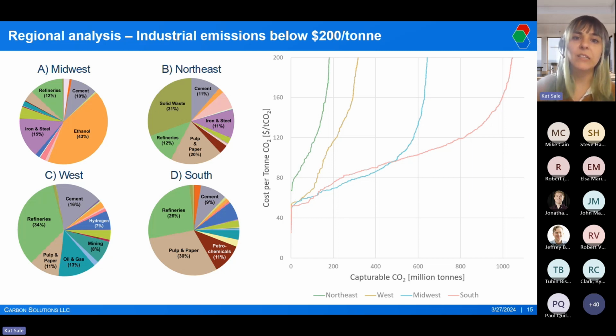And in the Northeast, solid waste combustion accounts for a majority of the low-cost industrial capturable emissions at 31%. Industrial emissions from the Northeast only account for 8% of all industrial sources below $200 per ton, meaning that the capturable tonnage from the Northeast solid waste combustion is comparatively small at only 12 million tons total. So as you can see here, the South clearly has the most capturable emissions, the Northeast much smaller.